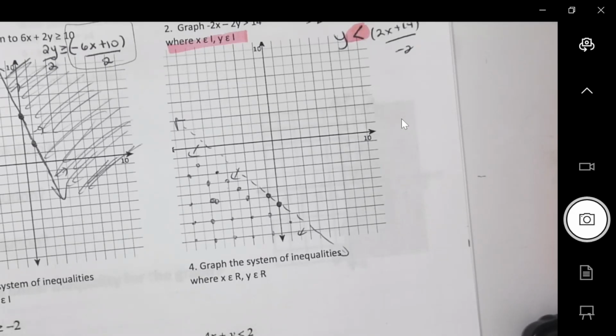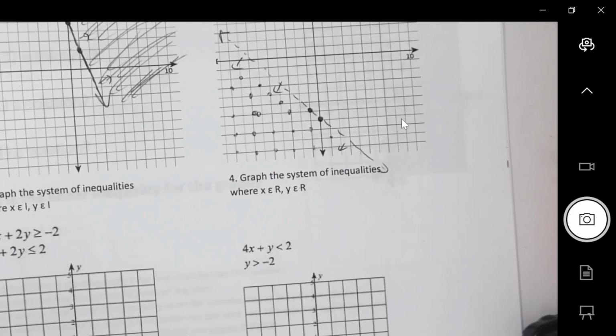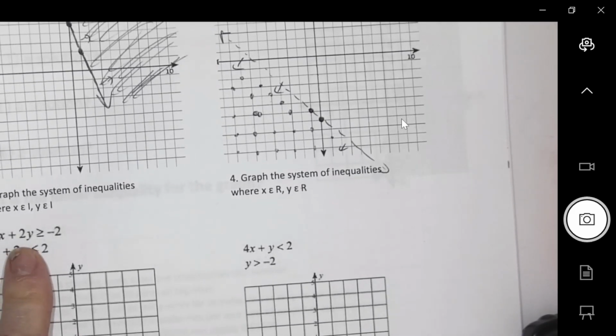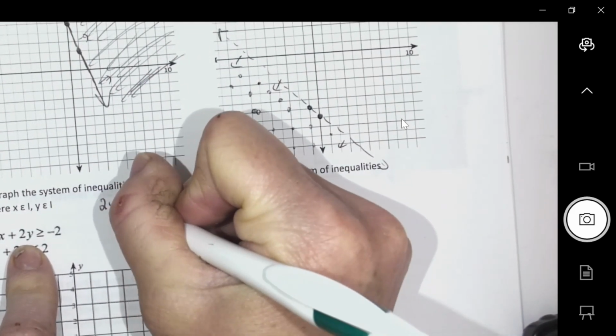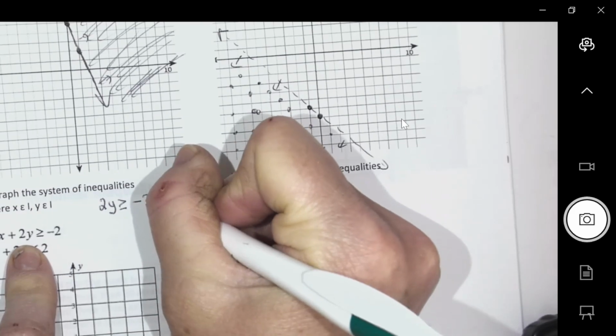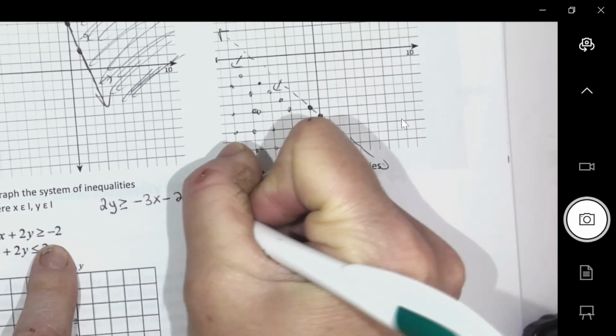Okay, so we're going to do that. Same idea, but this time I've put 2 lines. First line, ready? Let's practice. Keep the y, move the x, leave the number.